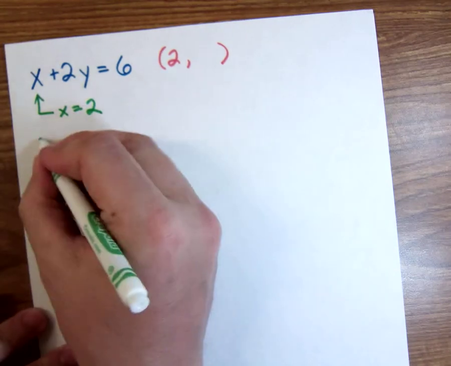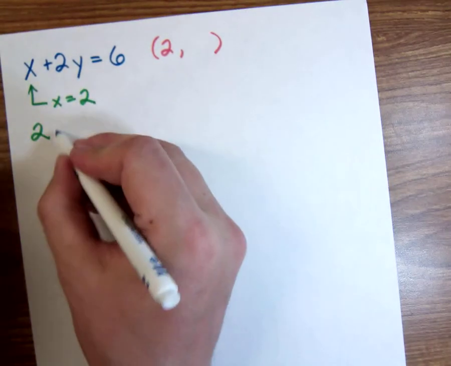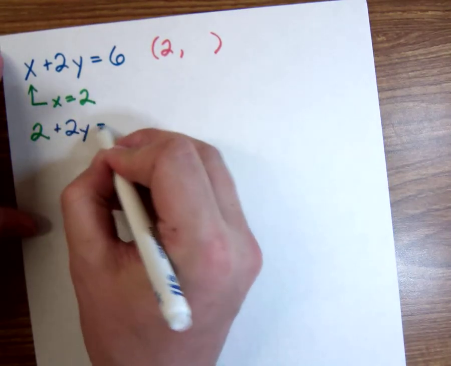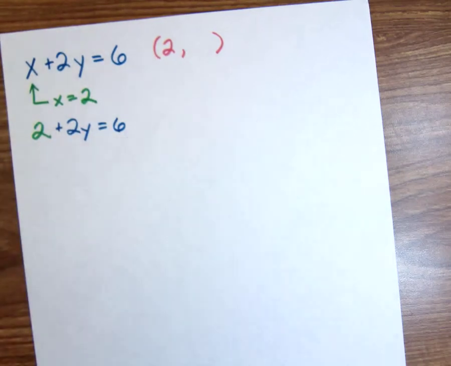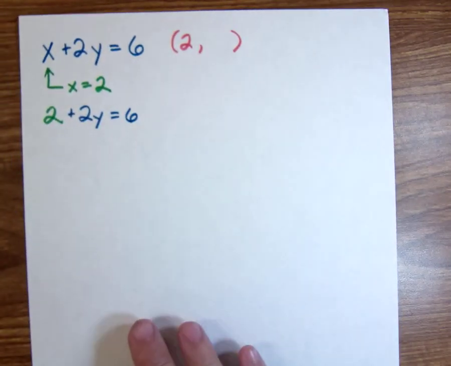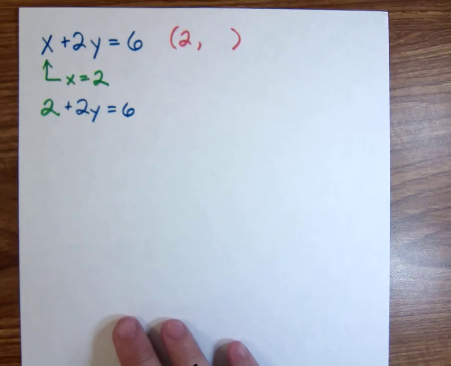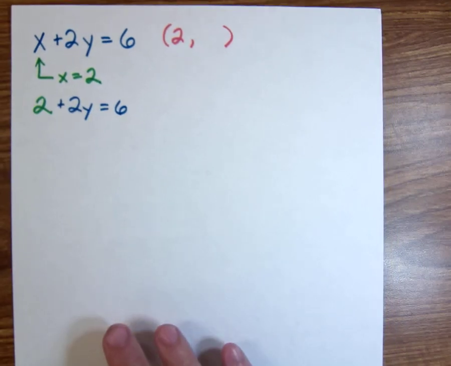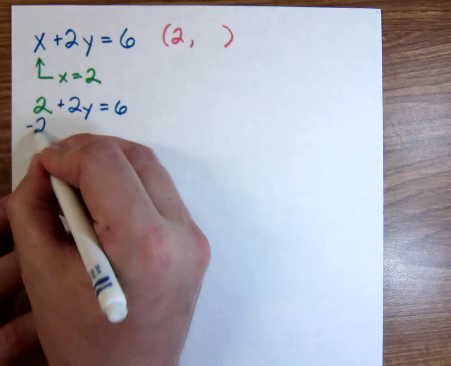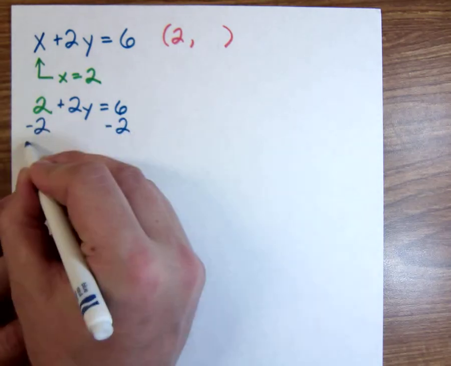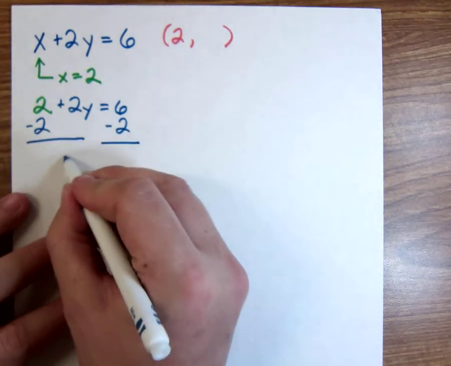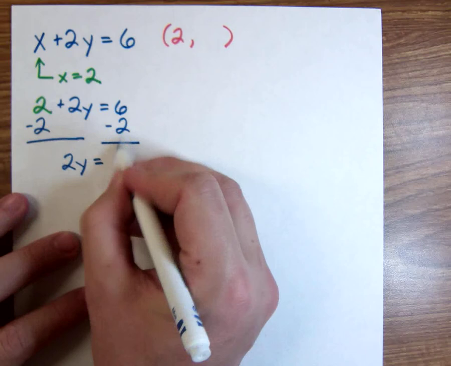So I get 2 plus 2y equals 6. Now I got to actually do a little bit of algebra. Now I got to figure out what y is. So what do I do? Minus 2 on both sides. That's a good plan. Six minus 2 is 4.